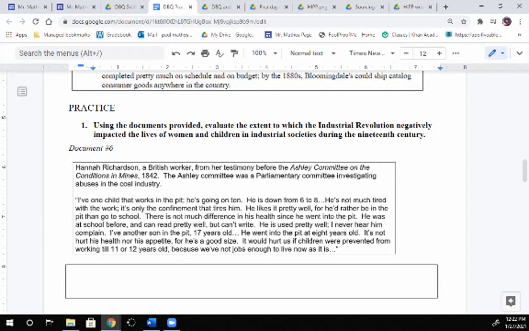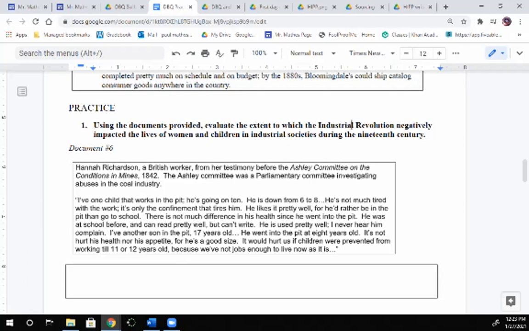So you'll choose historical context or intended audience, purpose, point of view, and analyze this, okay? You're only going to put the analysis, okay? So you're not doing the argument. You're not taking the document and telling me what's in there. You are just doing the analysis.